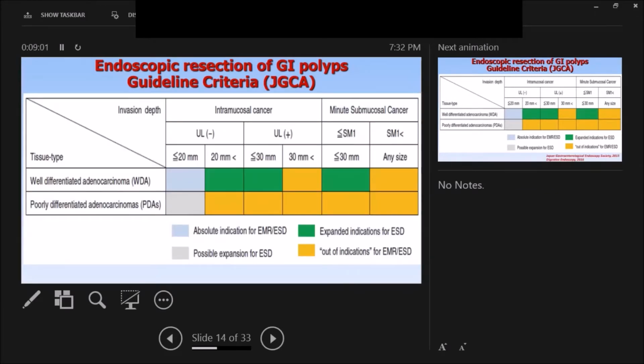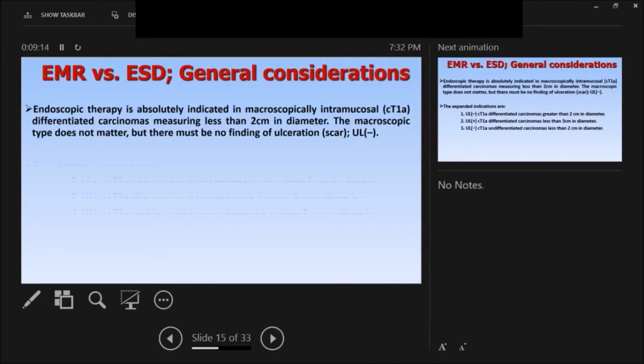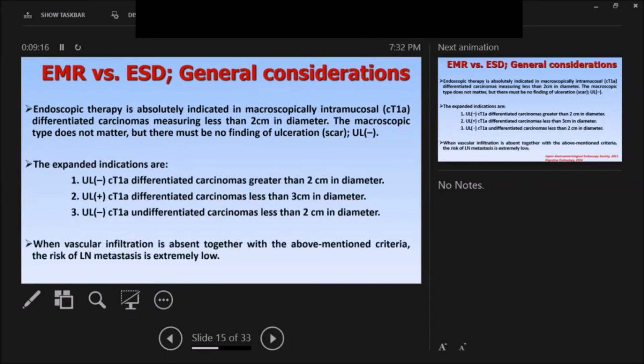You see here the one in light blue is the only indication for EMR: a non-ulcerated lesion below 2 centimeters. General considerations regarding EMR or ESD: intramucosal adenocarcinoma measuring less than 2 centimeters, the microscopic type doesn't matter, either flat or elevated, with no finding of ulceration.